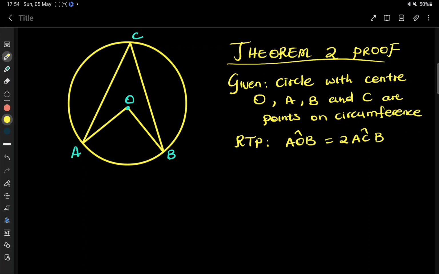Let us look at the second theorem in Euclidean geometry, which states that we have to know how to state the theorem. It states that the angle which an arc subtends at the center of the circle is 2 times the angle it subtends at the circumference of the circle.